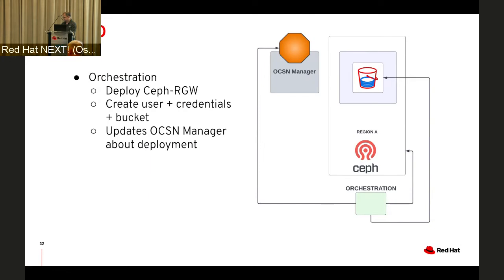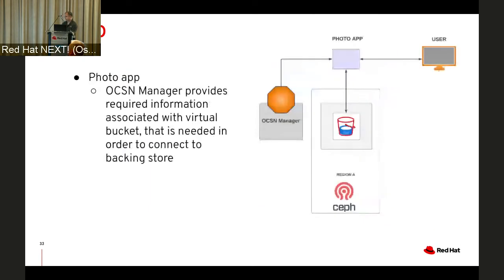Well, the next step would be to actually start the application. The application communicates with the OCSN manager in order to fetch the information about the virtual bucket that exists, and that's how it knows where to connect. So we're basically going to start it.